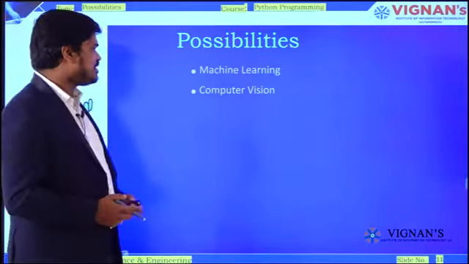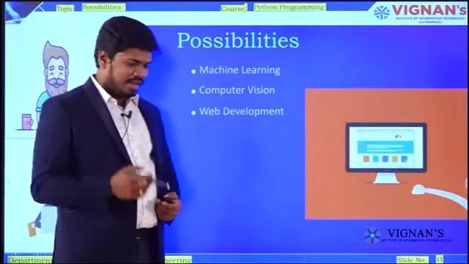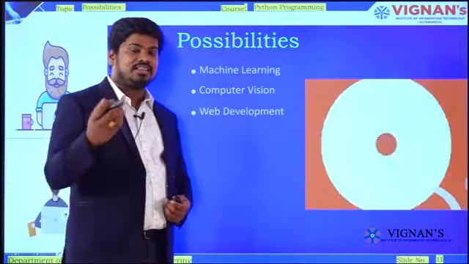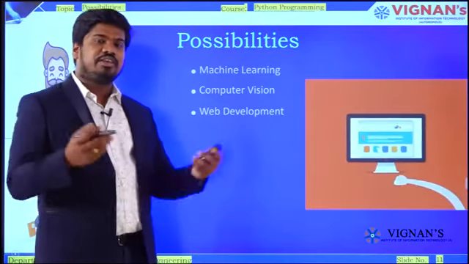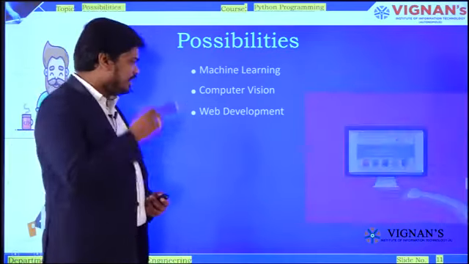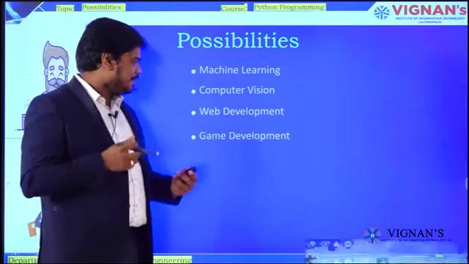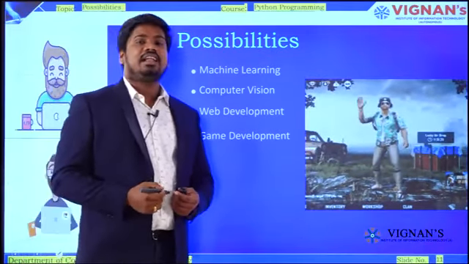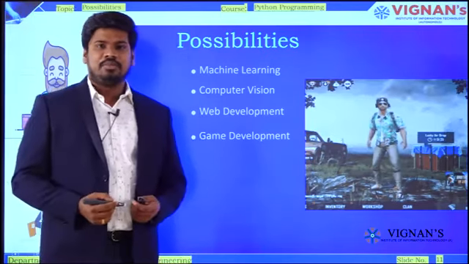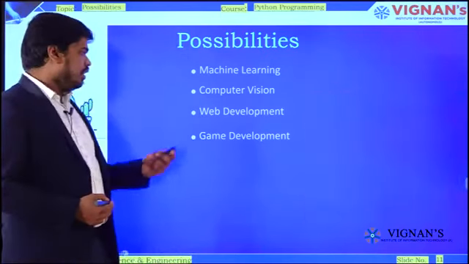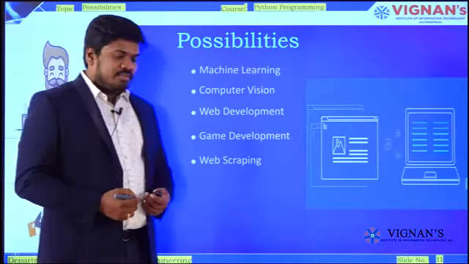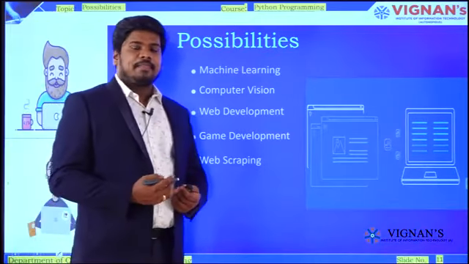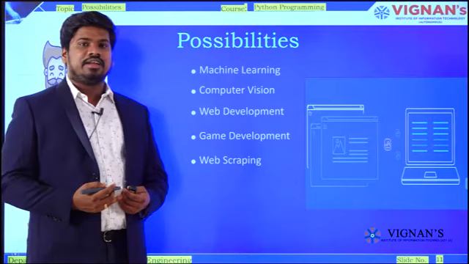And next, web development. For example, Python supports web development, so there you can make your career. Next, in game development, by using Python libraries I can happily develop a game. Next is web scraping, another field where you can make your career.